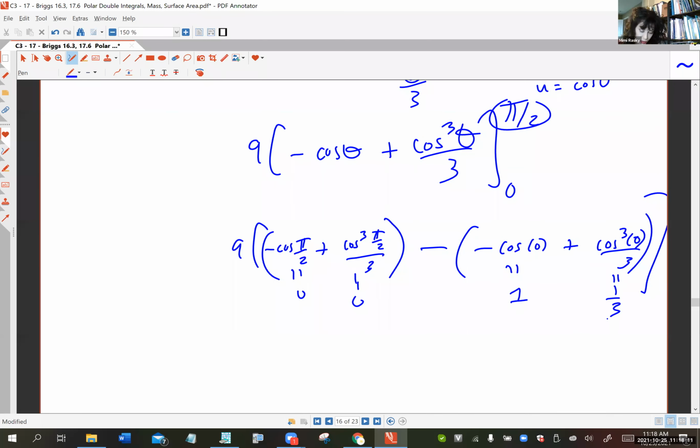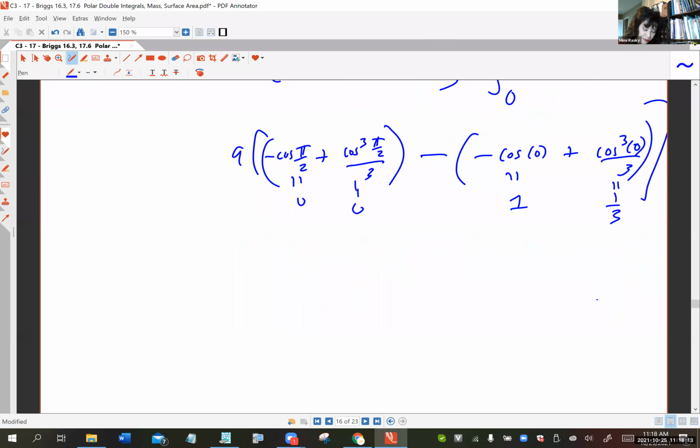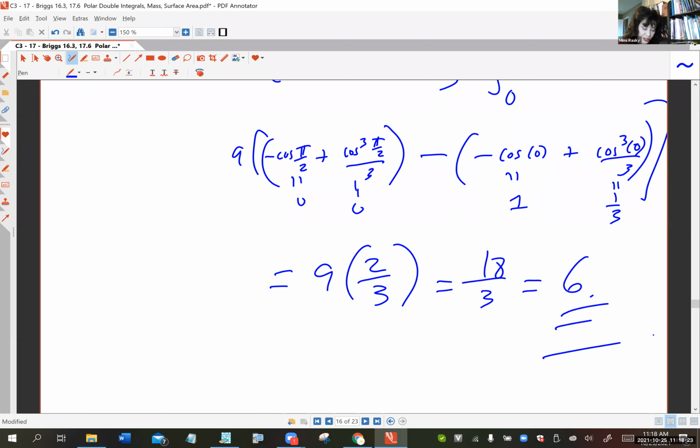Okay, so this is going to end up being, after you distribute your negative and so on, your final answer is going to be 9 times 2/3, which is 18/3, which is 6. And there's our final answer for that problem. Woo, that was crazy.